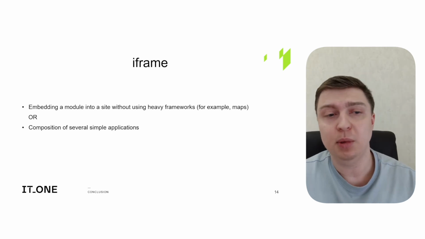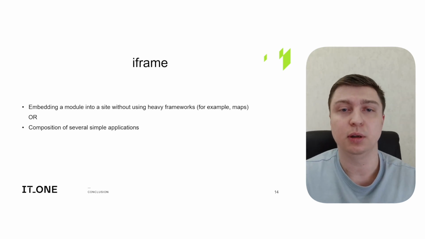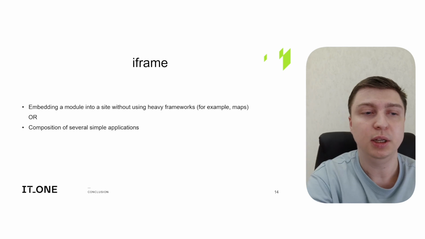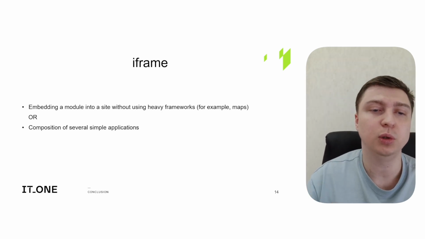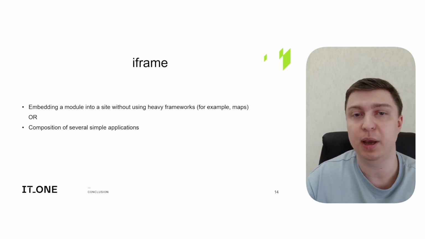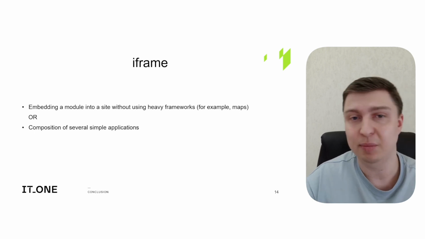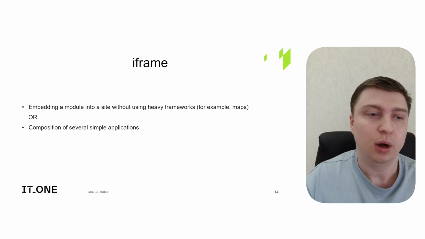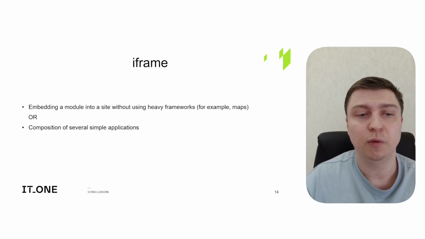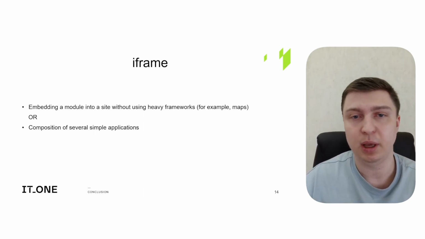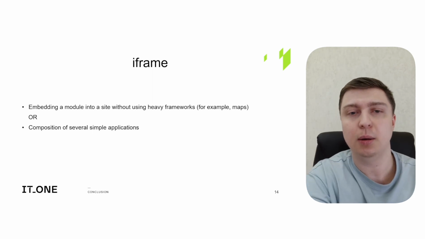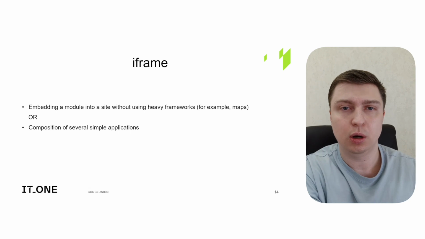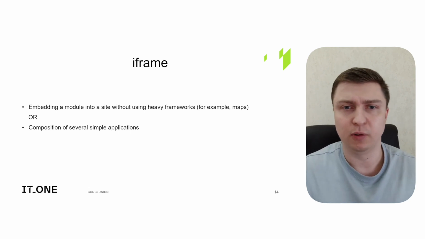Iframe. Iframe is a great decision when you need to embed a module into a site without using heavy frameworks. For example, embedding maps on a landing page, or composition of several simple applications. For example, if you have an independent header, you don't need to use something like Microfrontends.